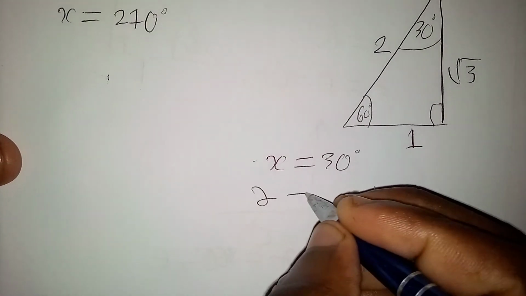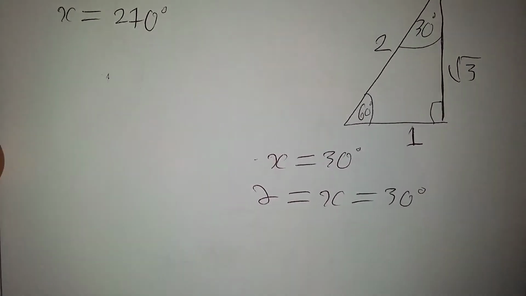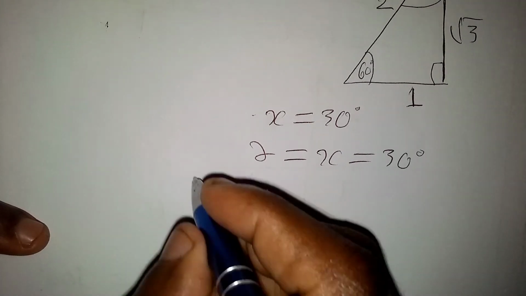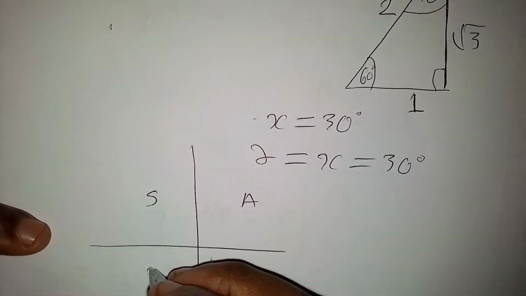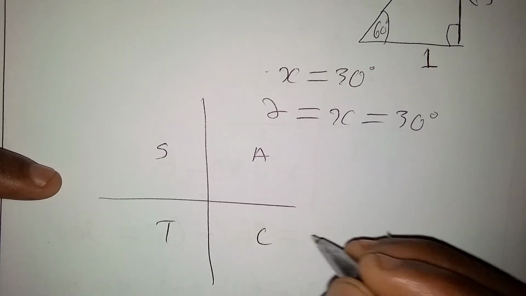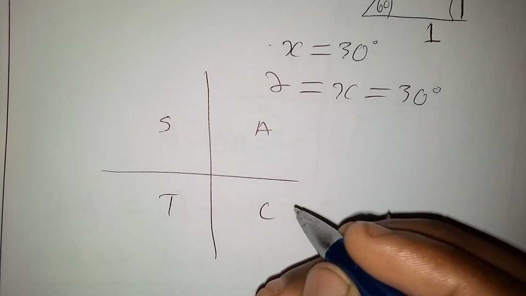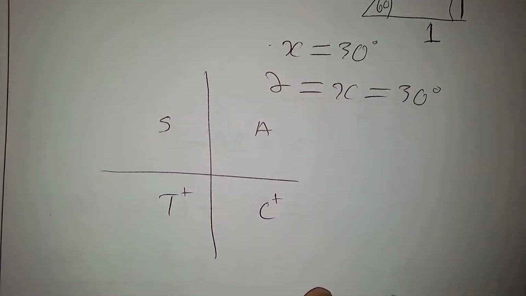That means our alpha is equal to x, which is 30 degrees. Then sine is negative in which quadrant? Let's check the quadrant where sine is negative, all students take calculus. Sine is negative in the 4th quadrant and in the 3rd quadrant.